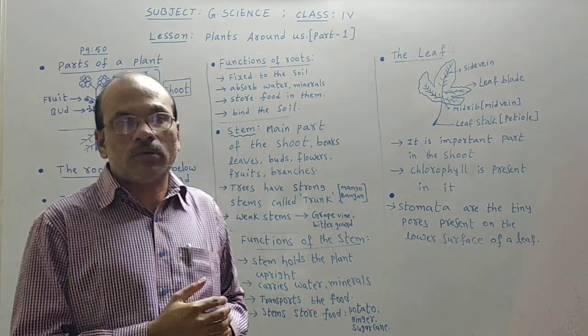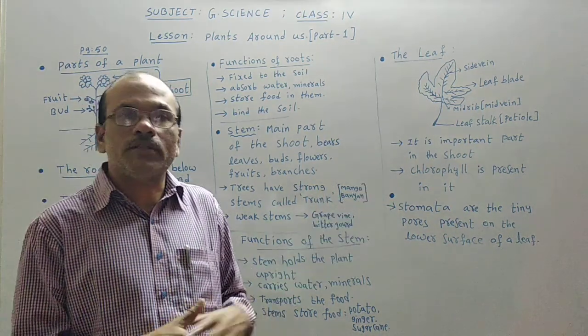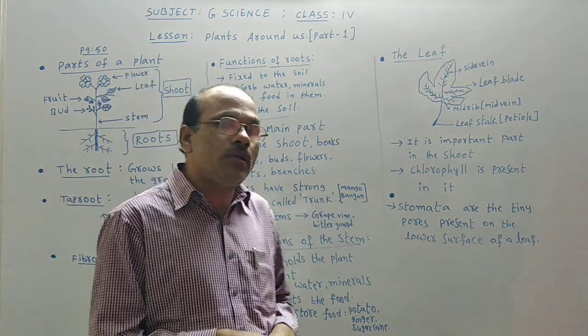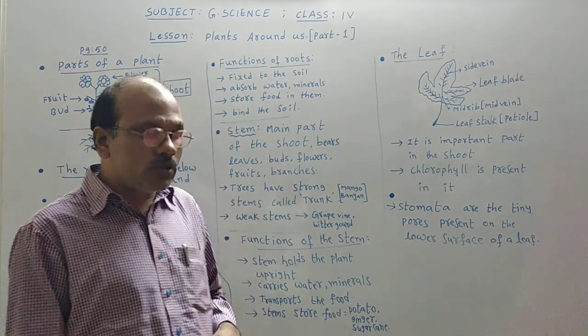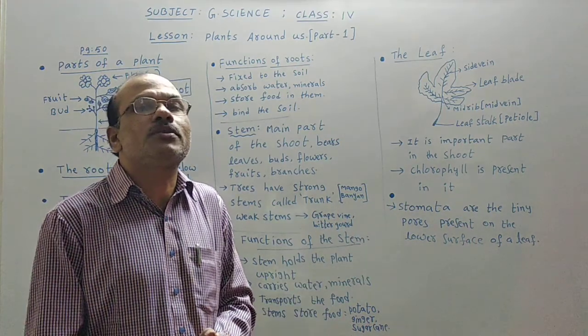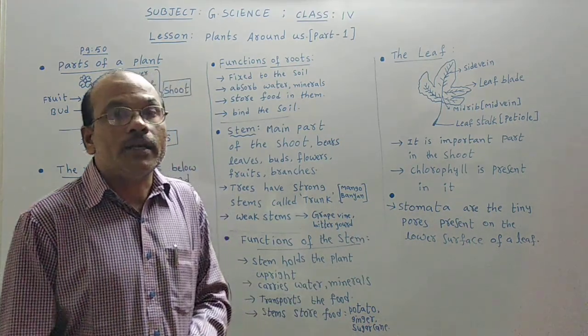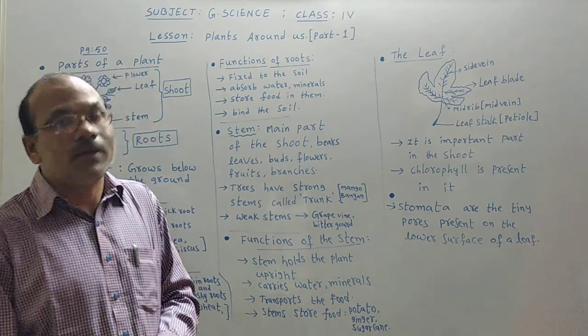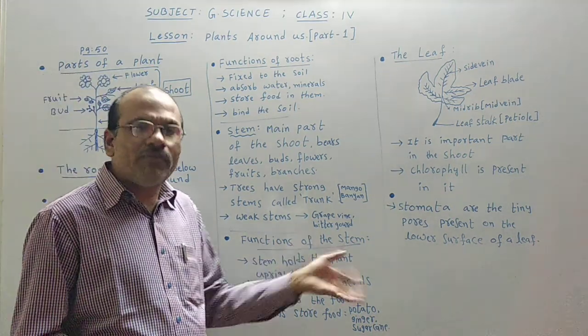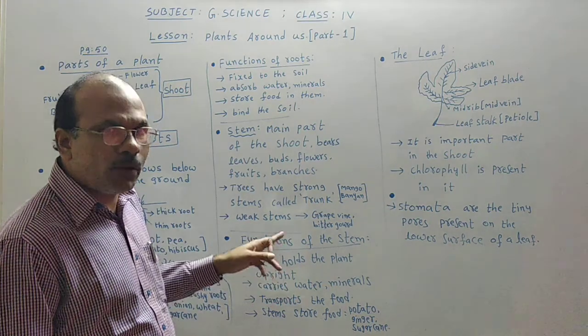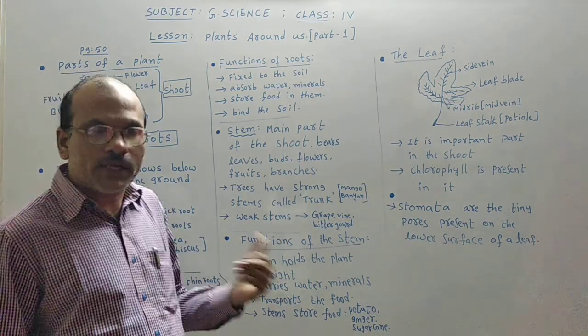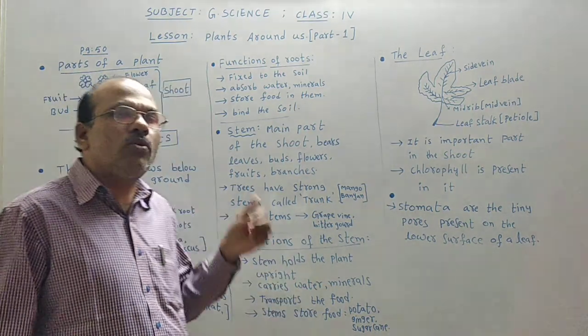A stem is called trunk only when it grows in a big size. A neem tree, banyan tree, all those have very strong stems, and they are woody, and those are called trunks. And some have very weak stems, the grapevine plants and bitter gourd plants we can say. That is the information about stem.